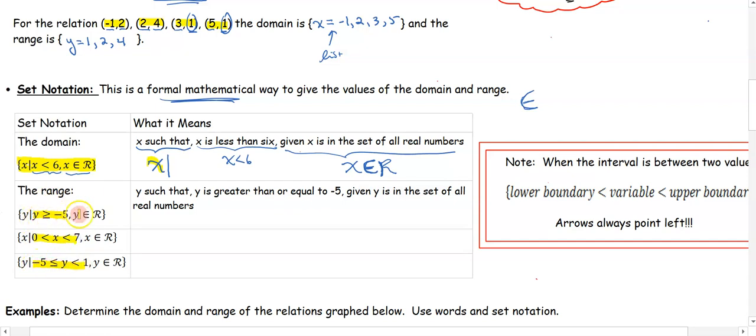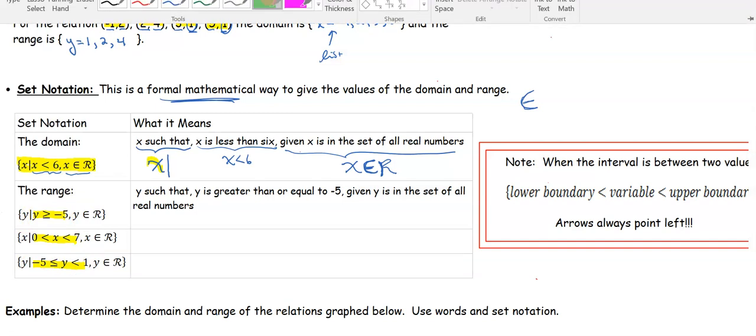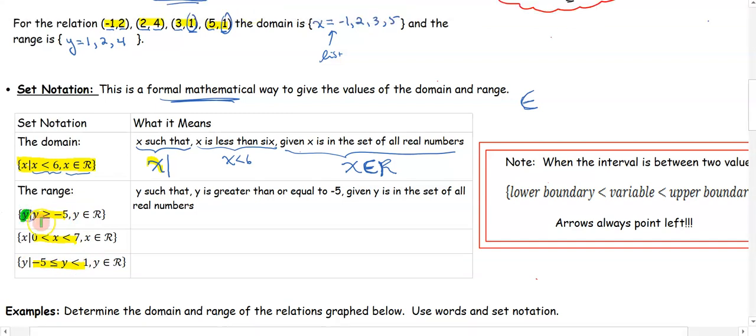I will provide that outer part in green, so the y such that y is greater than or equal to -5, given y is in the set of reals. The green part I will provide as your template. You need to be able to insert the yellow part. So this one would be: y is greater than or equal to -5. This would be: x is greater than 0 and at the same time smaller than 7.